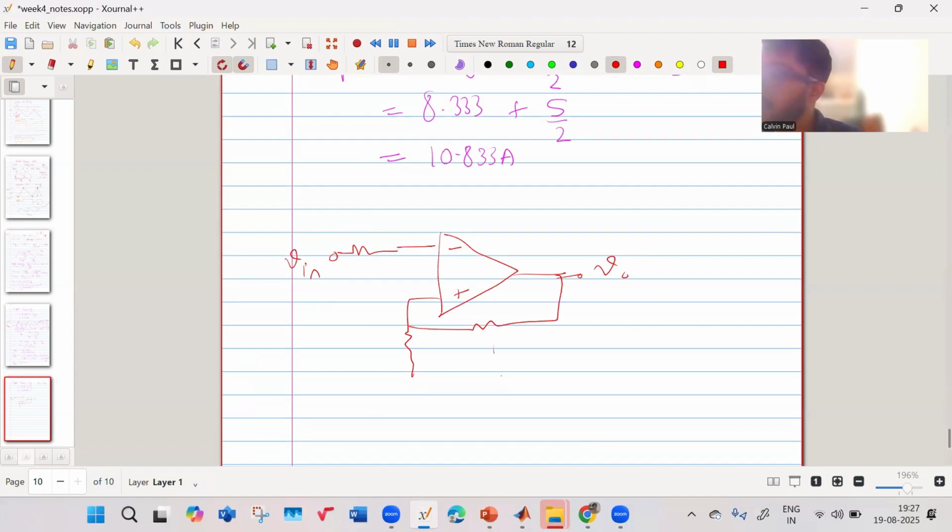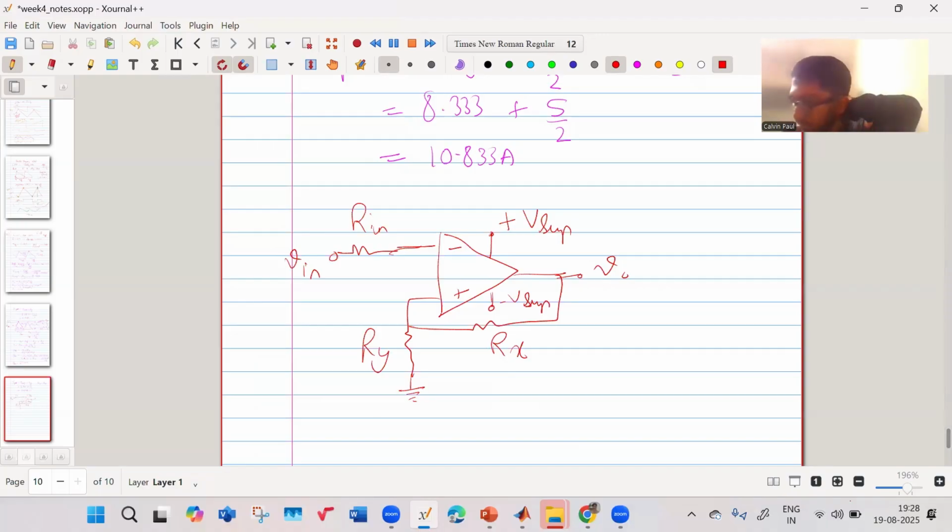This is your, let us say, Rx, Ry, and this is your Rm. Okay, Rm is not required. And this is your ground. This is your plus V supply, minus V supply. This is your Schmitt trigger.